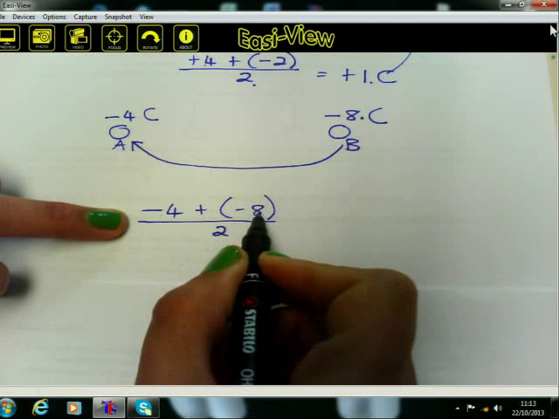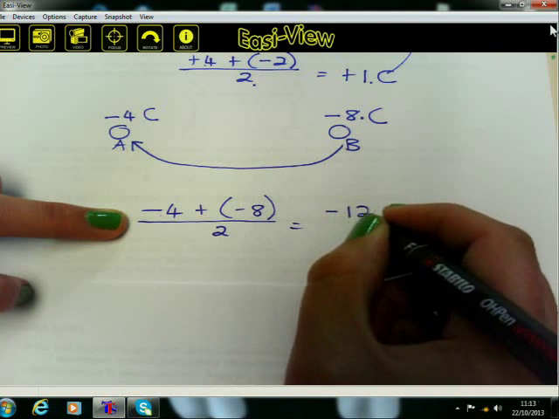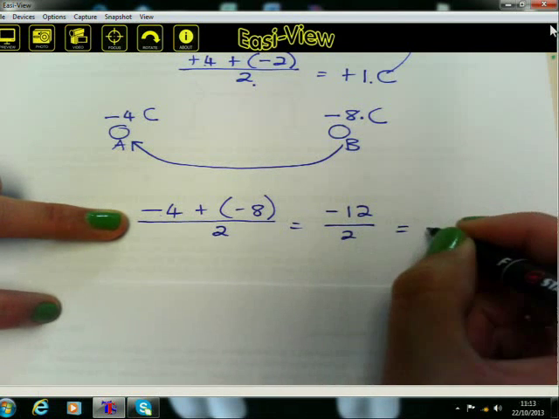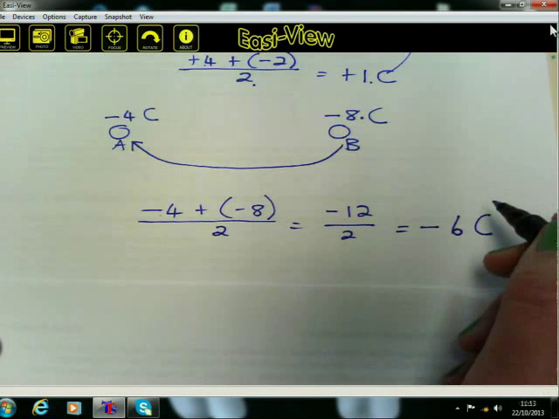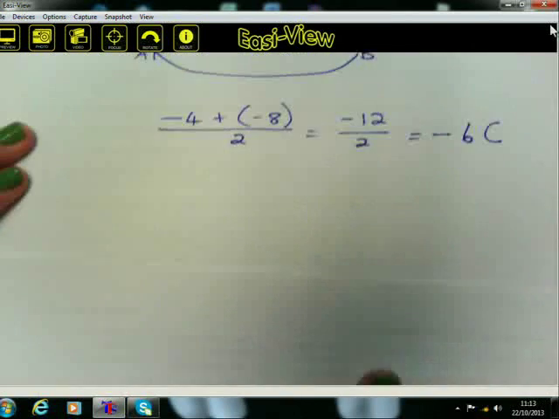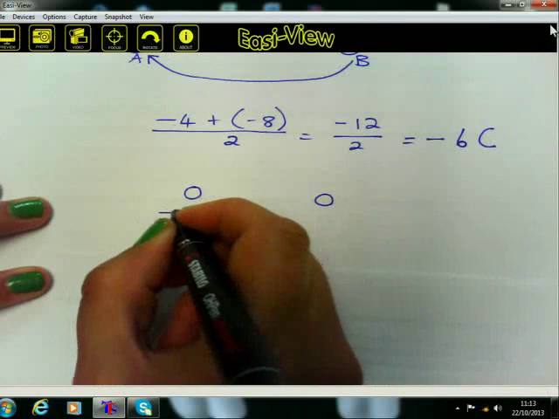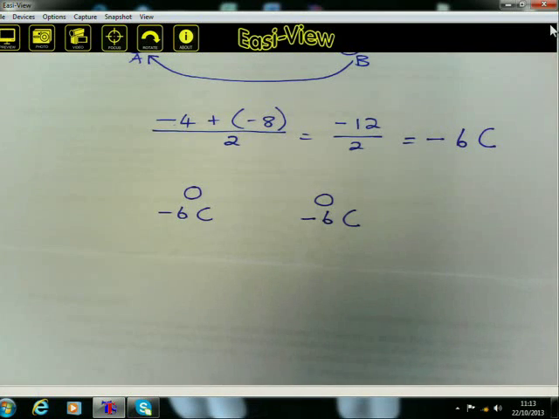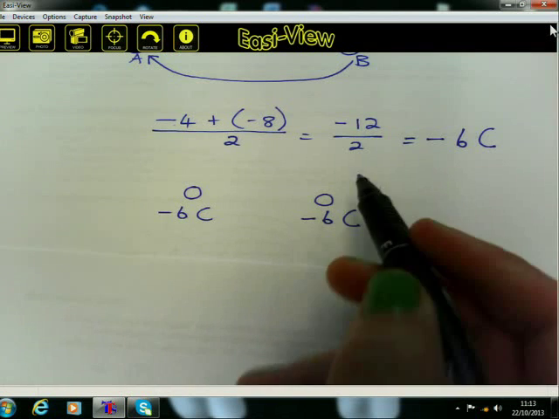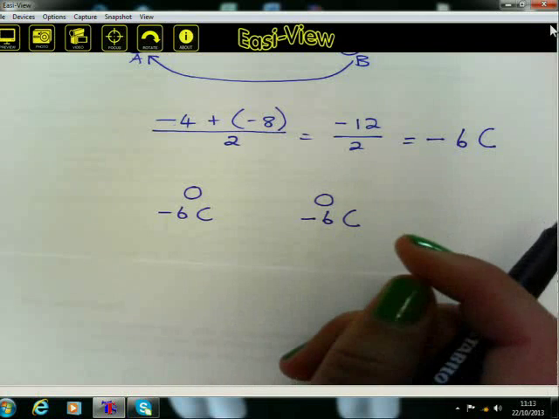Minus 12 divided by 2 equals minus 6. So after they touched, we will have two spheres, one minus 6 coulomb, the other one minus 6 coulomb. And now they have the same charge, and what will happen now? Now they're going to repel each other.